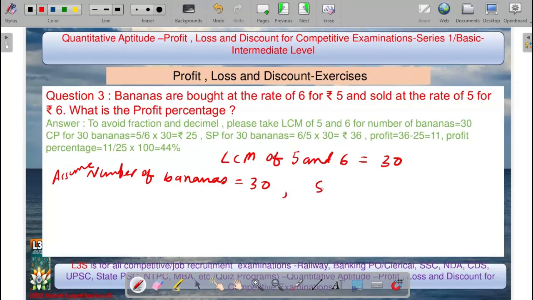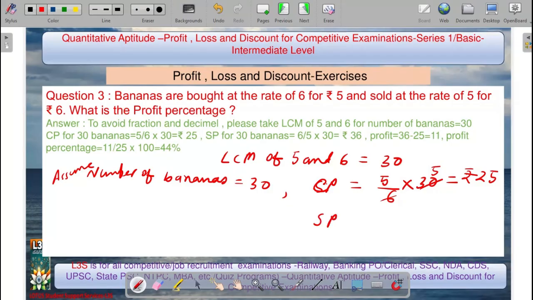Now what is the cost price of 30 bananas? 6 for rupees 5, so 1 for rupees 5 by 6. So for 30 bananas, it will be rupees 25. Sorry, earlier I said selling price, but this is cost price.